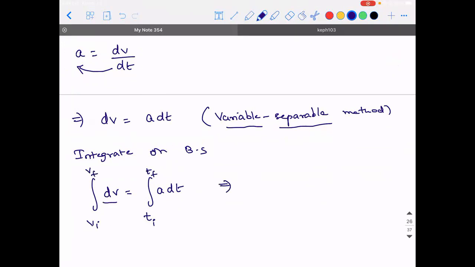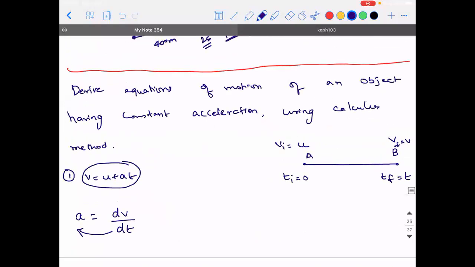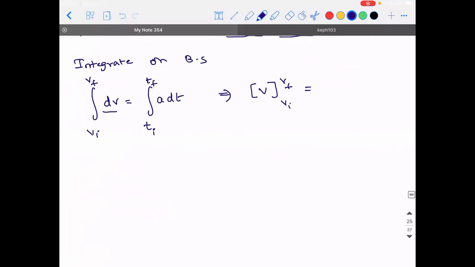What is the integral of dV? It is V between V initial and V final is equal to, what did I say the topic is? Of an object having constant acceleration. Whenever the acceleration or any variable is a constant, it comes out of the integral: A into the integral of dt from Ti to T final.